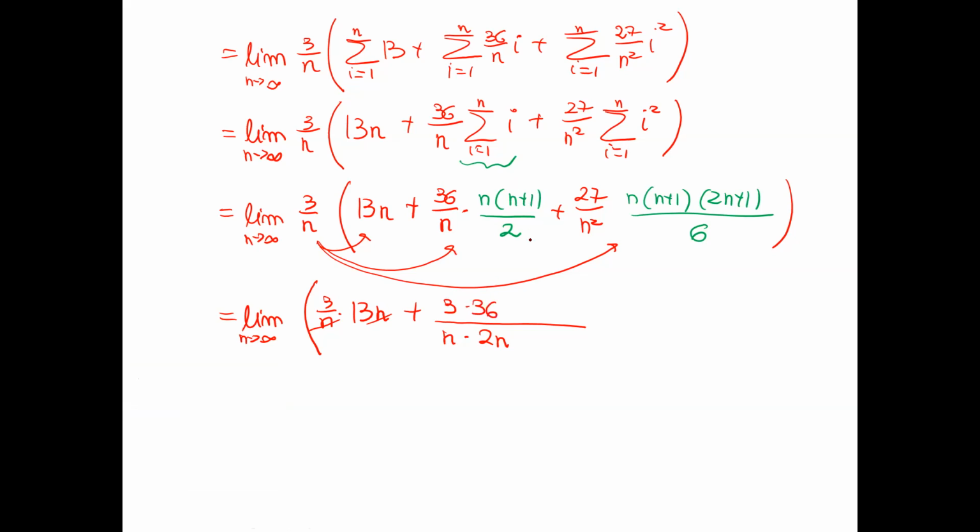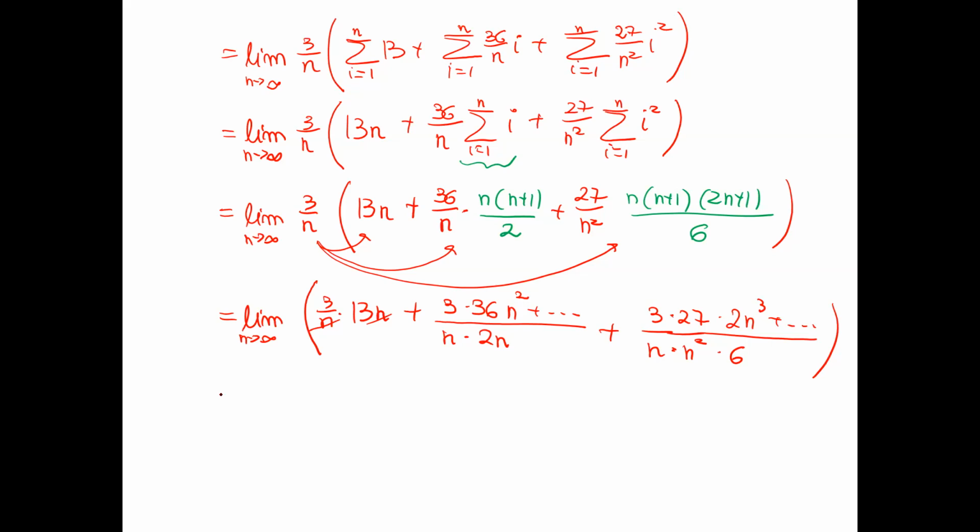But from the formula, the n squared will be the highest power when we distribute, and we don't need the other one. Now we have 3 over n times 27 over n squared, and we also have 6. Okay, and the formula will give us n times 2n times n, 2n cubed, and the rest of the terms will have lower power. We don't need this.